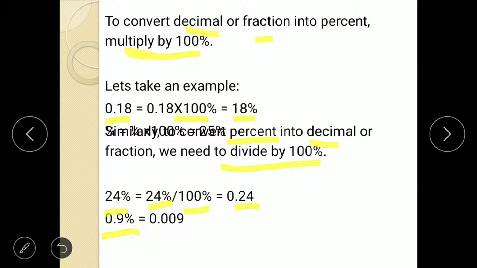Similarly, 0.9% is nothing else but 0.009. So we have seen how to convert from decimal to percent and from percent to decimal. For decimal to percent, we multiply by 100. From percent to decimal, we divide by 100. You need to remember where multiplication and where division is to be done.